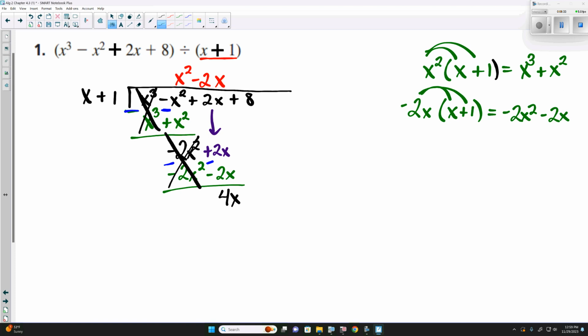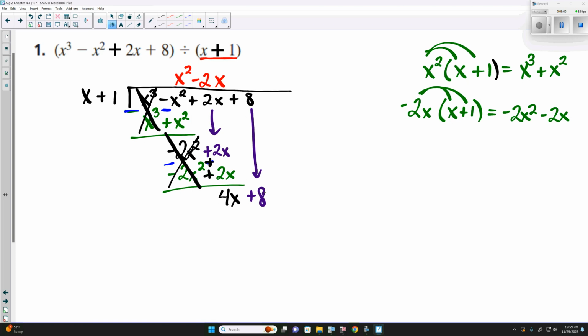It can't treat it just like a variable. But we can plug the coefficients in. If we did it by hand, the negative and negative would make a plus. So 2x plus 2x gives us 4x. Next step is to bring the next term down. Plus 8.